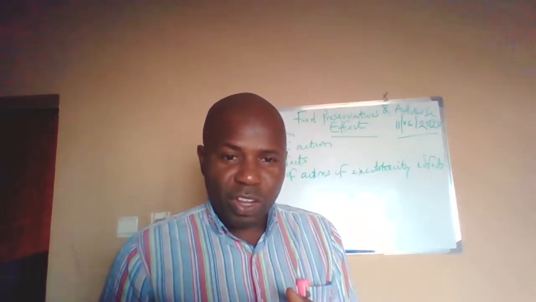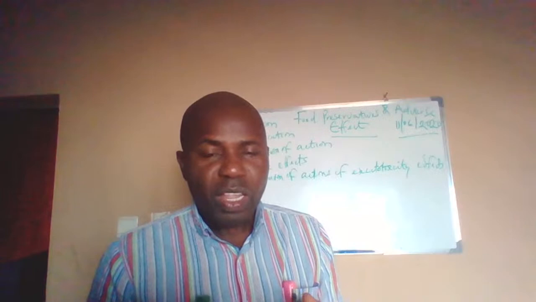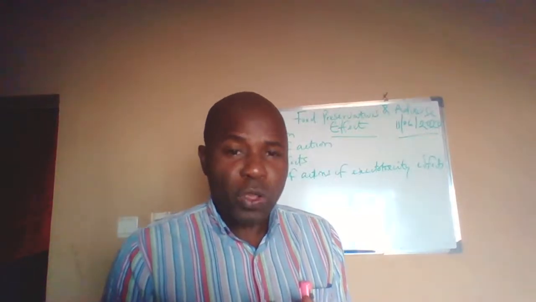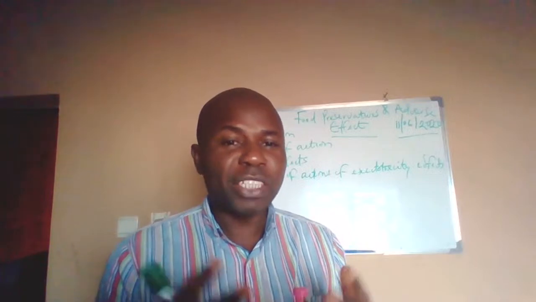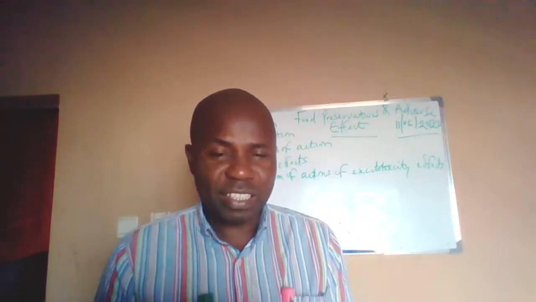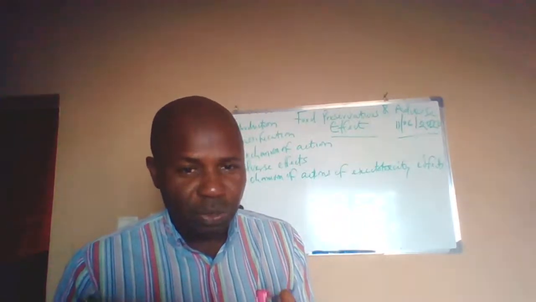Number one, we have antimicrobial food additives or food preservatives. We also have antioxidant food preservatives. We also have anti-enzymatic food preservatives. Those are the major three classes in which the food preservatives have been classified for our use.